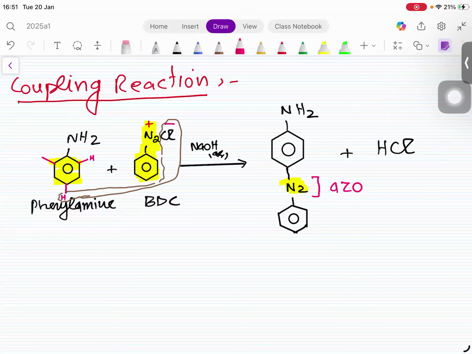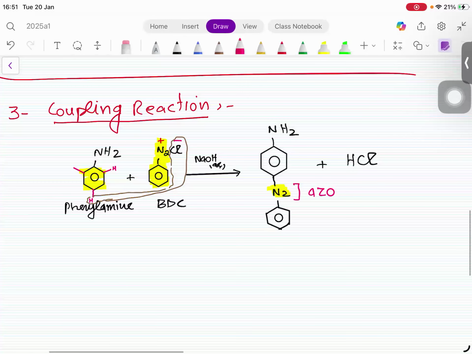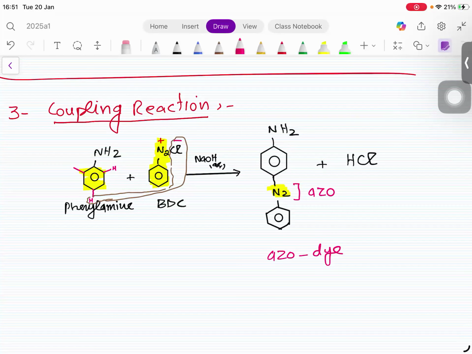What do you call it? Azo. And this compound is a colored compound, so we usually call it dye. They are commonly known as azo dyes. Just for the sake of information, methyl orange is one of the azo dyes. The compounds which are used to color clothes in the textile industry are mostly azo dyes. Right? So this is the compound.